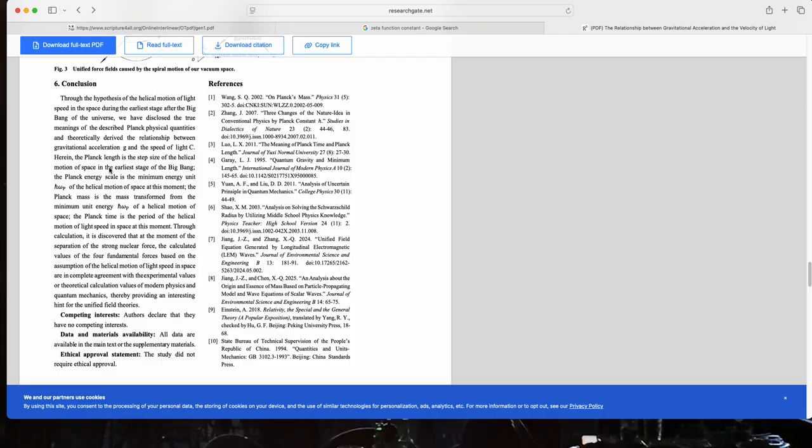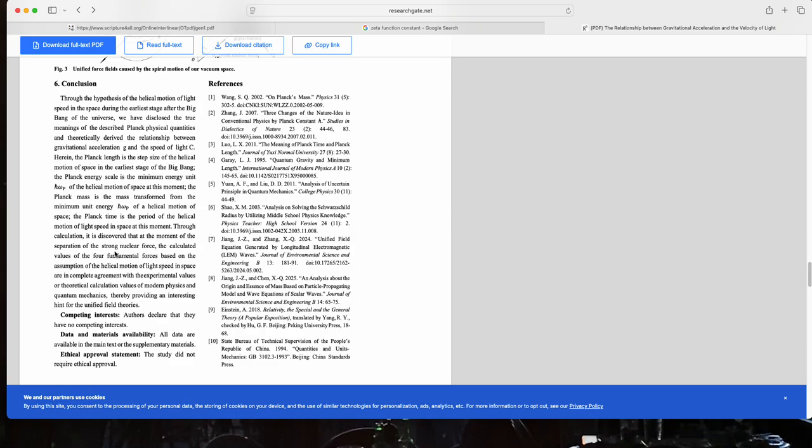Herein, the Planck length is the step size of the helical motion of space in the earliest stage of the Big Bang. The Planck energy scale is the minimum energy unit of the helical motion of space at this moment. The Planck mass is the mass transformed from the minimum unit energy of helical motion of space. The Planck time is the period of the helical motion of light speed in the space at this moment.